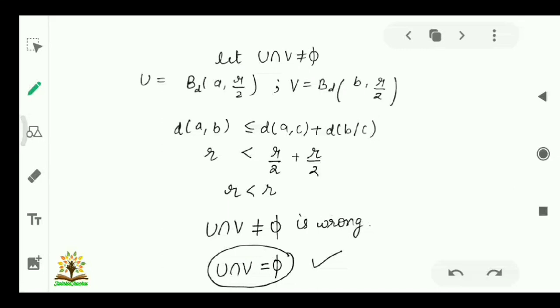So our assumption that U intersection V is not equal to phi is wrong. Hence, U intersection V is equal to phi and it follows the Hausdorffness property.